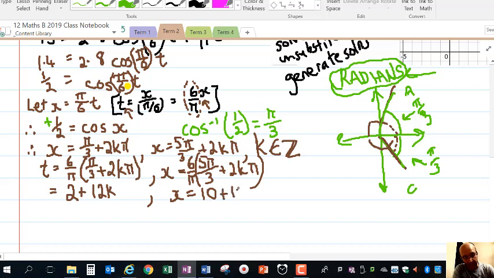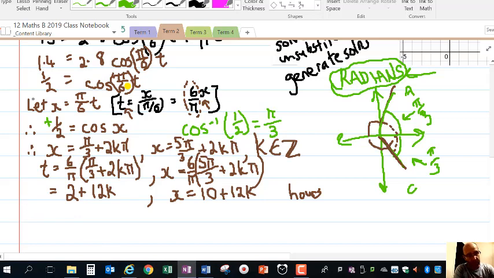That makes sense, 12k, because what do you know about tides? Seems reasonable, doesn't it? They're more or less a 12-hour cycle if you know a little bit about them. So in hours, we now have two expressions to generate our answers: 2 plus 12k hours and 10 plus 12k.